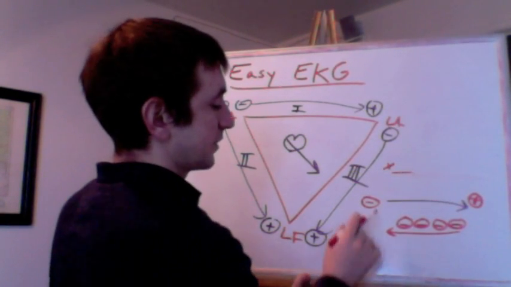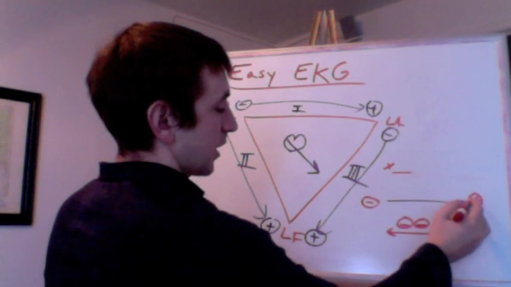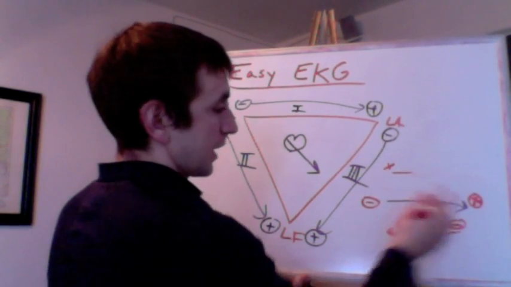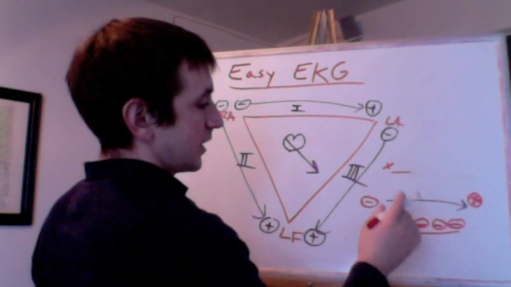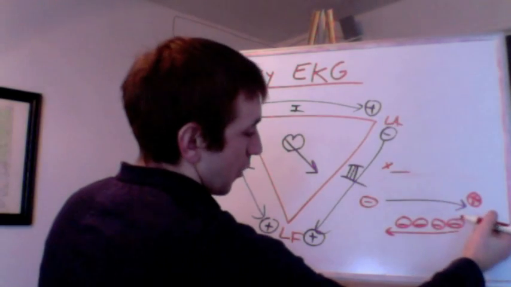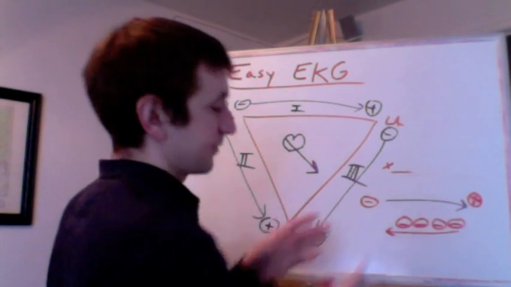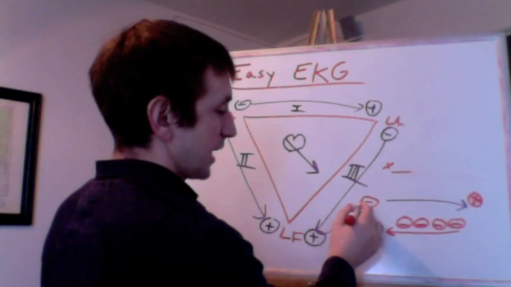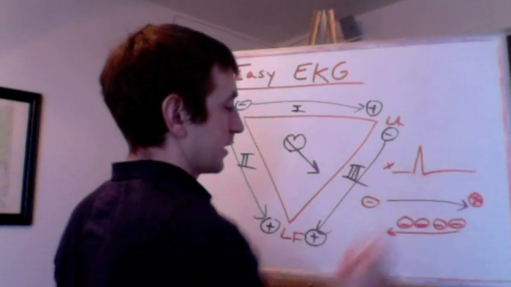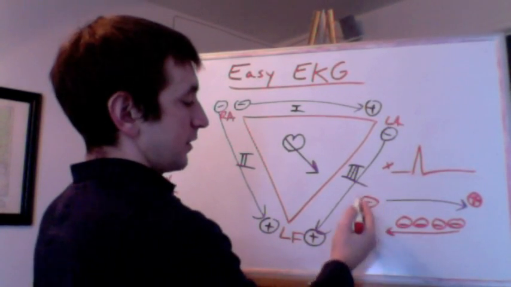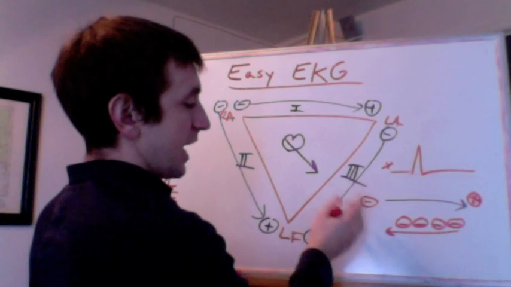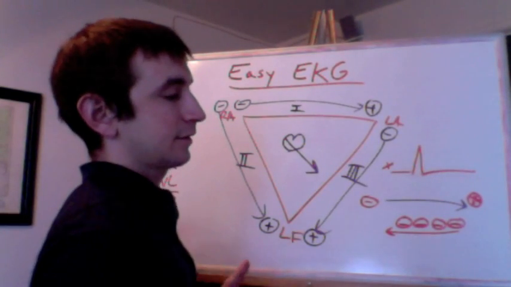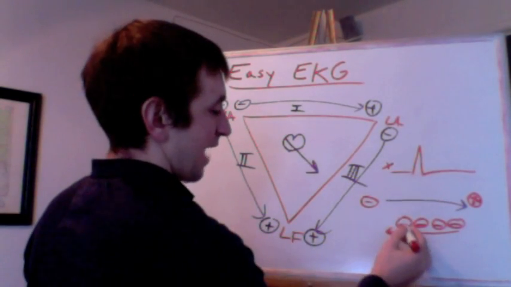Well, lead X, since it's measuring, wants to go towards the positive electrode or the positive side. It's hard to explain. Essentially, as you're getting more negative and you're approaching the negative electrode, you're going to have a positive spike, okay?